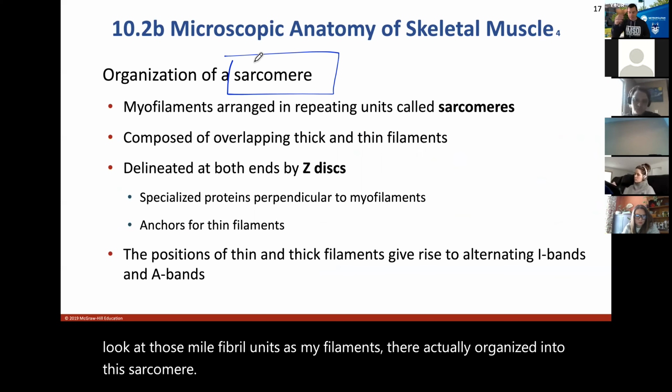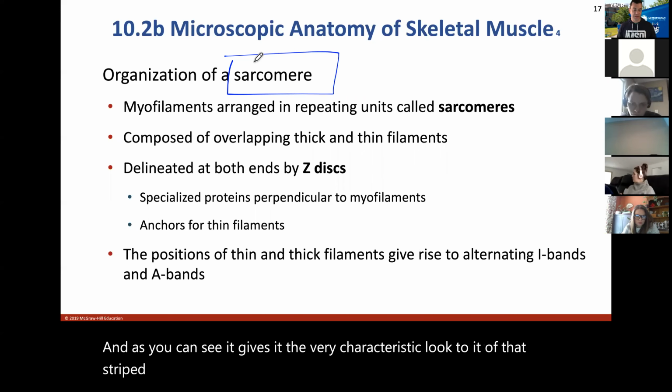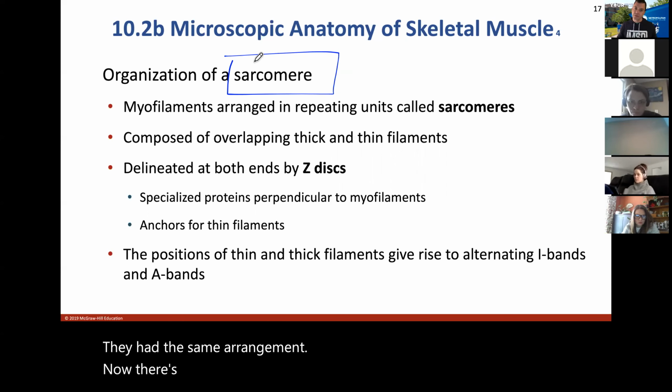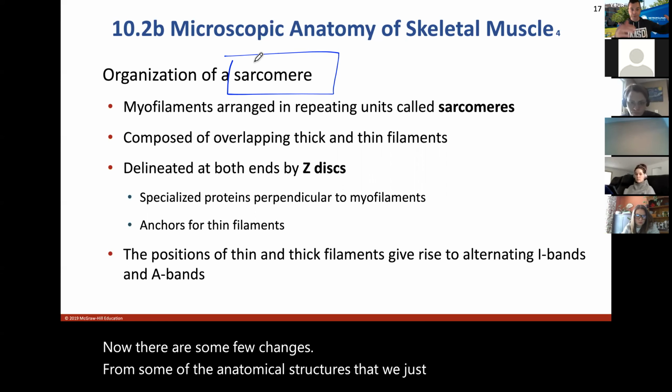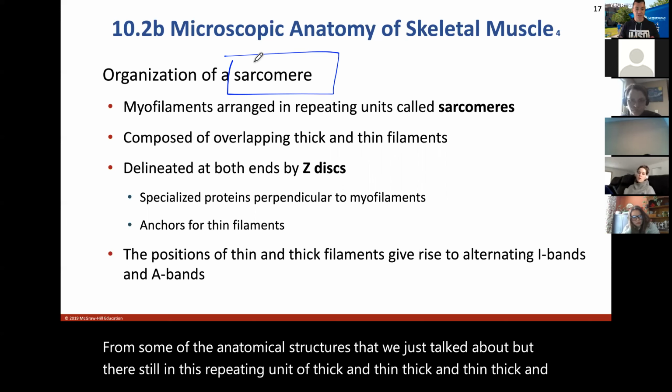And as you can see, it gives it the very characteristic look of that striped appearance, both this and cardiac muscle. They have the same arrangement. Now, there's some changes from some of the anatomical structures that we just talked about, but they're still in this repeating unit of thick and thin, thick and thin, thick and thin, to give it that striped appearance.